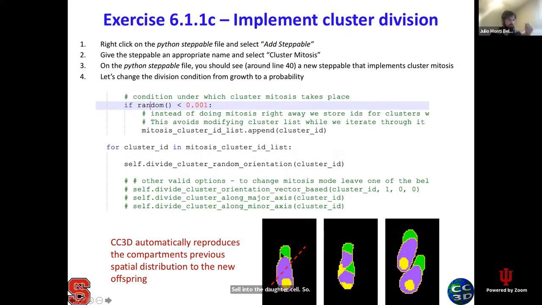It knows that there is a green compartment on top, a cytosol compartment in the middle, and a nucleus compartment at the bottom. So we're gonna reproduce this on the 2 other cells, green, purple, yellow, green, purple, yellow, okay? It will look funny right after division, but as soon as they divide, the cells will sense the contact energies and are gonna move away and reestablish their shape very quickly.